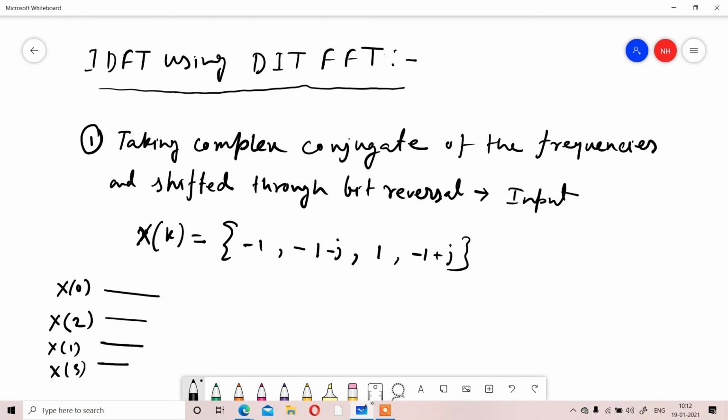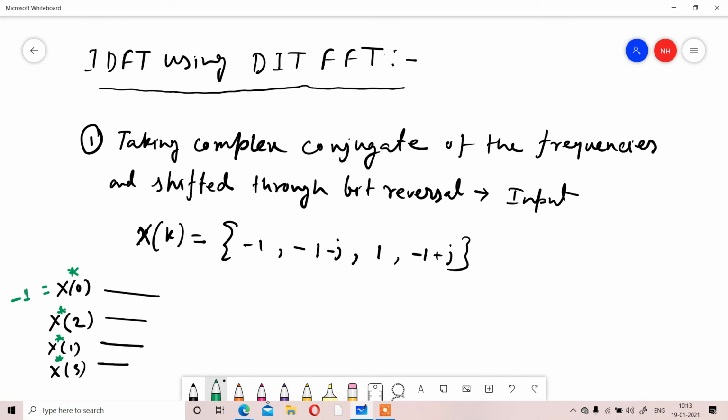That is your bit reversal. With respect to that bit reversal, you have to consider the conjugate of each one. Means for x0 value, here you will have -1. Only the conjugate is for the imaginary part, not for the real part.